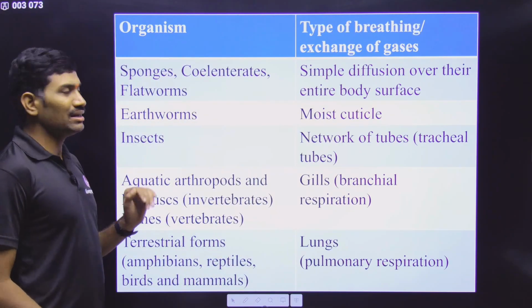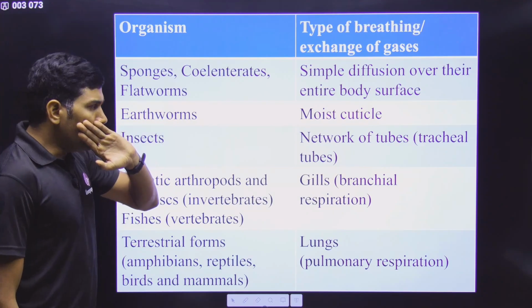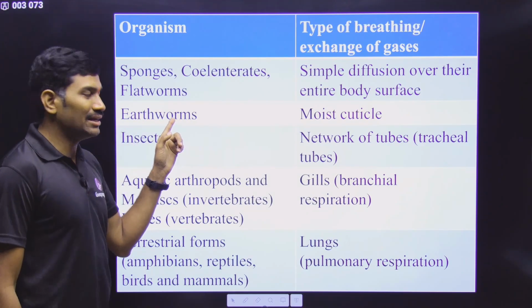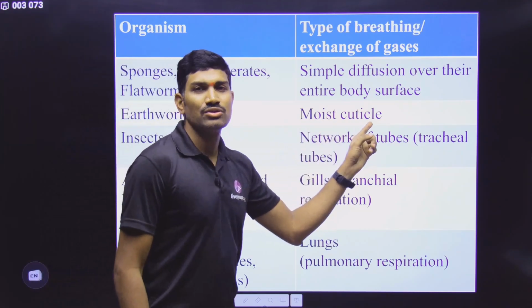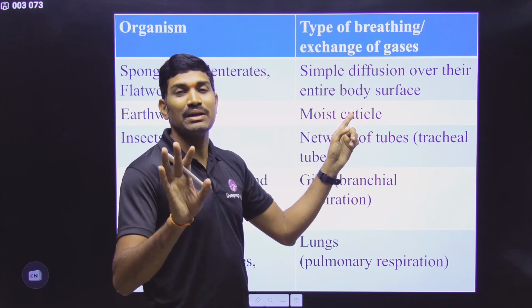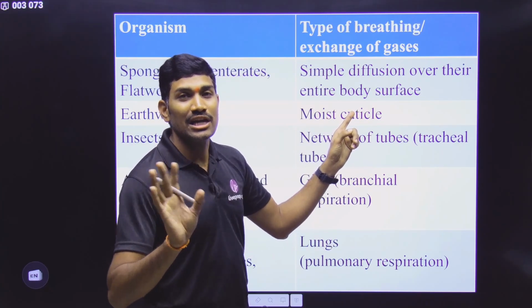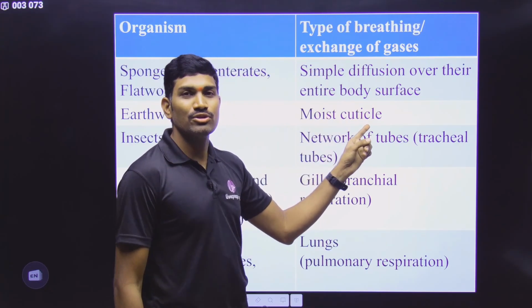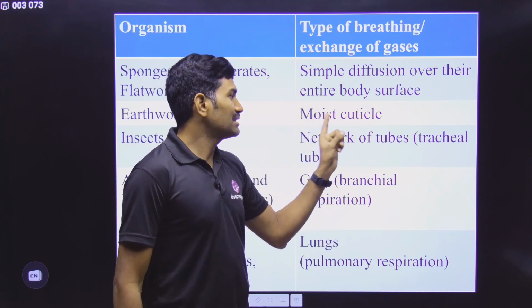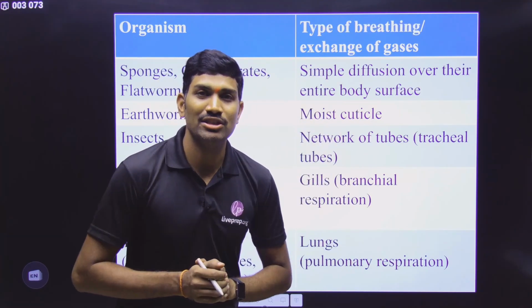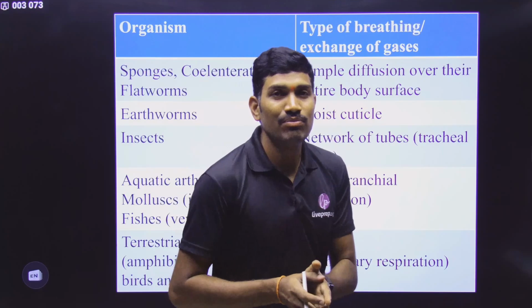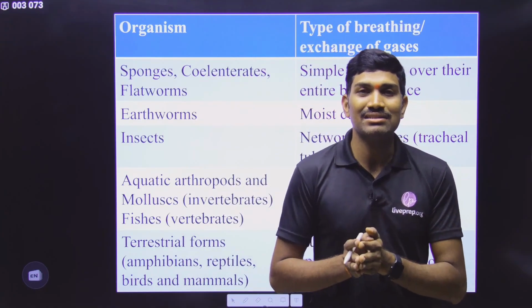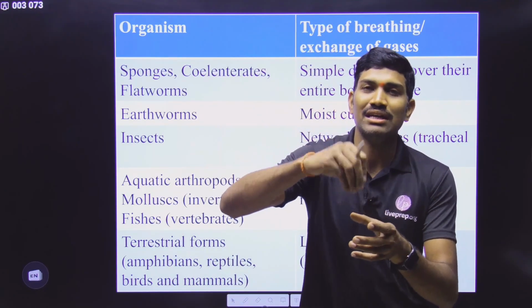If you are going a little bit lower, earthworms means phylum Annelida. In the case of earthworms, there are no separate respiratory organs. There is the outermost cuticle, and that cuticle itself is moist. What is the advantage of this moist cuticle? With the help of this moist cuticle, oxygen will be dissolved within that moisture.